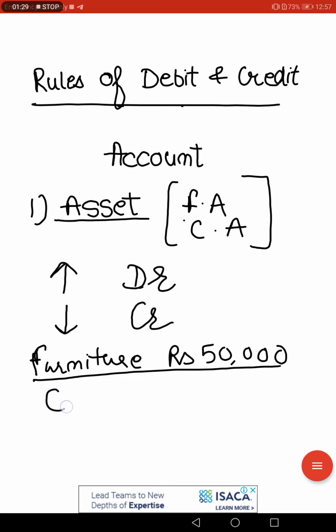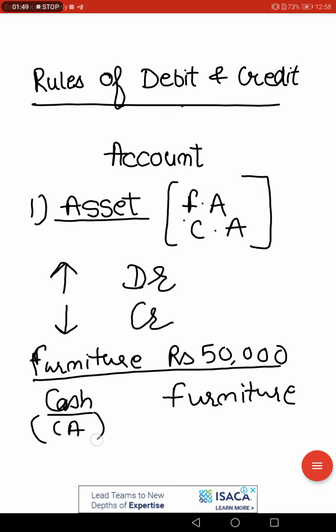So one account involved here is cash, another account is your furniture account, right? In this transaction, both accounts are asset accounts. Cash is your current asset and furniture is your fixed asset, right?